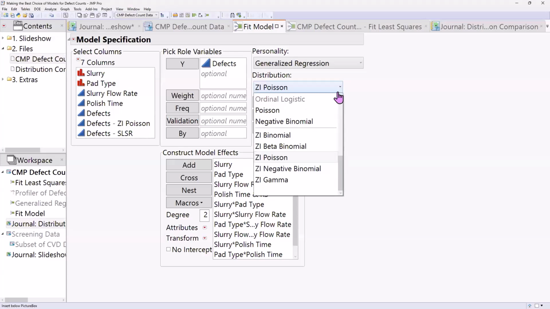What I want to point out up front in the launch is that the generalized regression personality in Fit Model gives us different tools right at our fingertips to help deal with some of these problems. For instance, in GenReg, we can specify a distribution for our response variable. And there are many options, including a handful that work quite well for count type data, like negative binomial and Poisson.